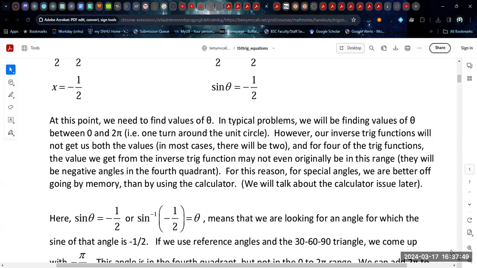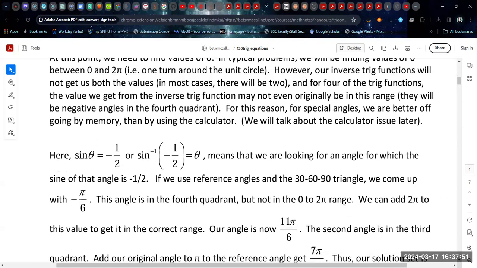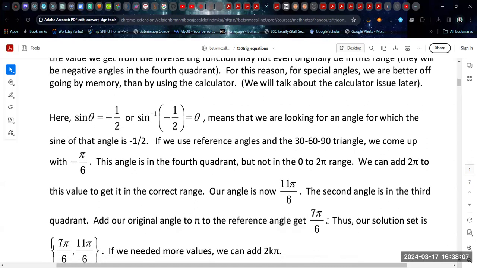So if we use the inverse trig function here, we're going to get an angle of -pi/6. This is in the 4th quadrant, so this isn't in the range of 0 to 2 pi. So we can add 2 pi to get to that value, but that's not the only one. We also get a sine that's negative in the 3rd quadrant.